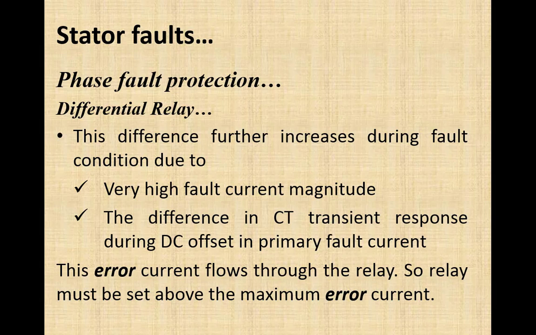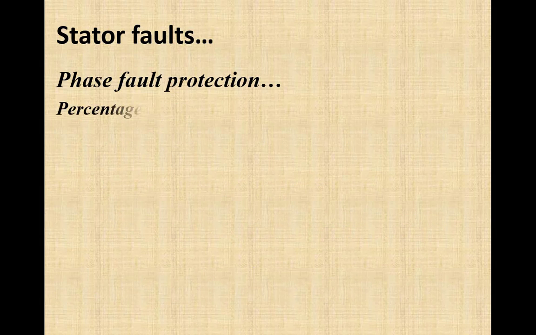But in case of large size machines, motors and generators, and for large values of fault current, that is not possible, because that difference current is so high that if we make the pickup setting above that value, then the differential relay will not be a sensitive protection. So it means many faults with a small amount of fault current will not be detected by this differential relay. So the solution to this problem is another type of relay known as the percentage differential relay.